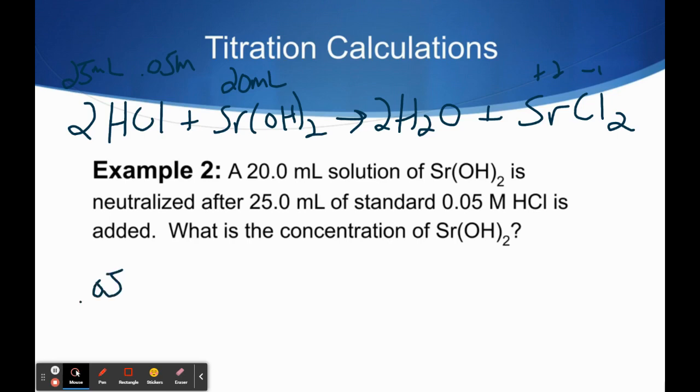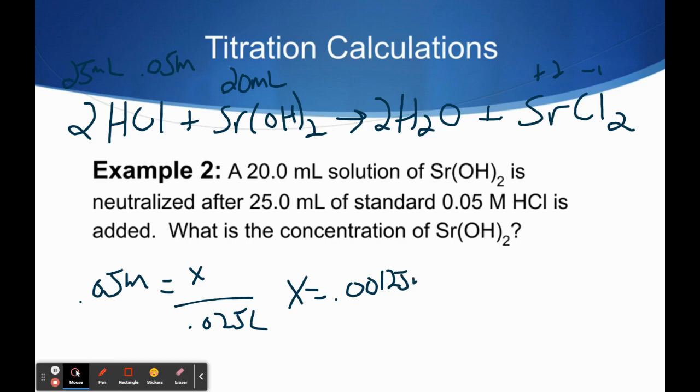So 0.05 molarity equals X over 0.025 liters. So we get 0.00125 moles of HCl.